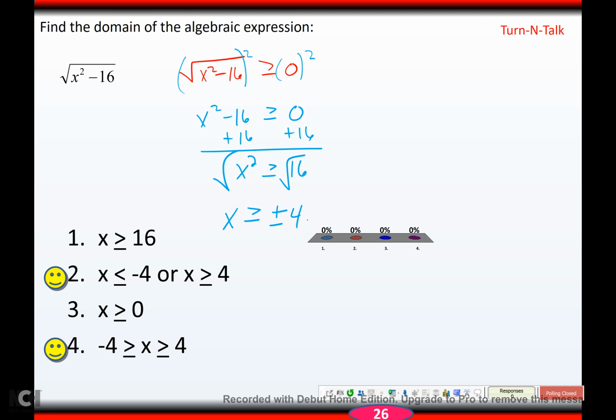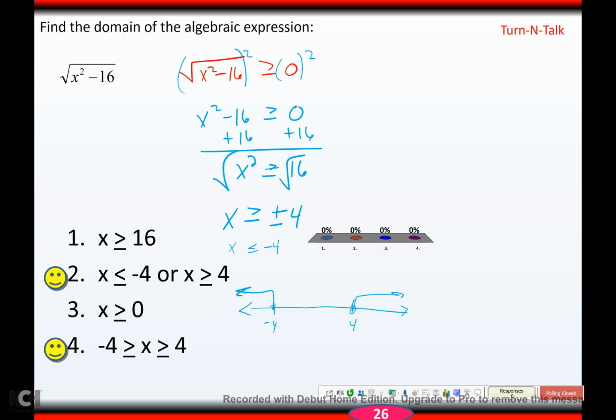Now, what happens is, if you look at that on a graph, it would say that x has to be greater than positive 4, and x has to be greater than negative 4. However, because of the plus or minus, on the negative one, that inequality is actually going to flip. So you actually are going to end up with a domain that looks like this, okay?